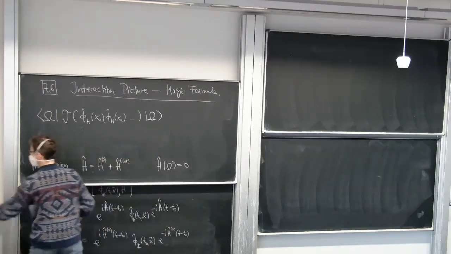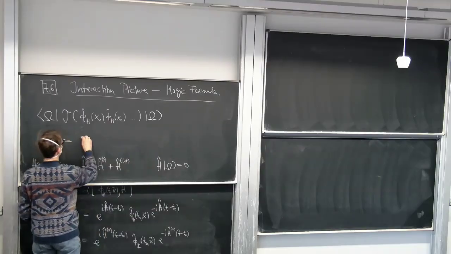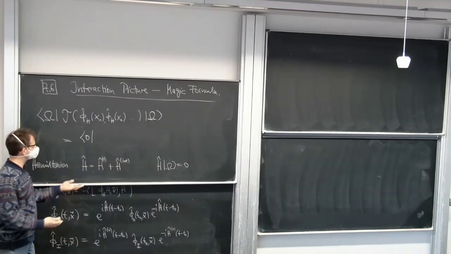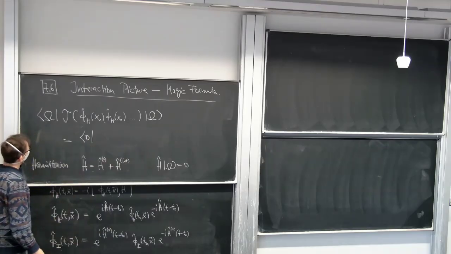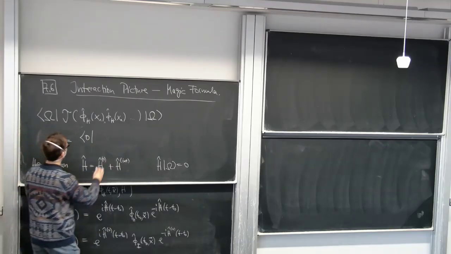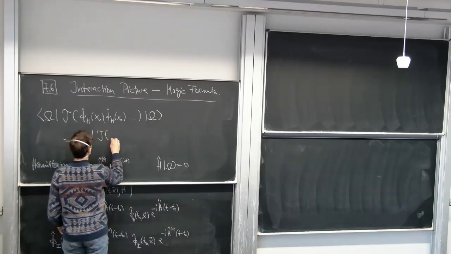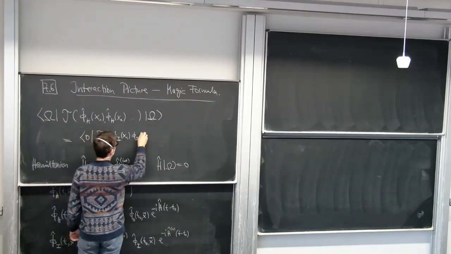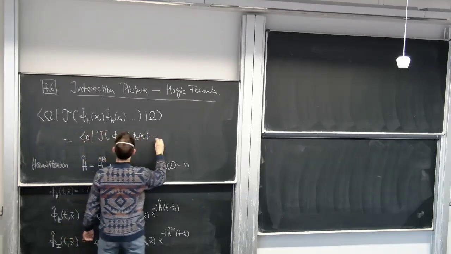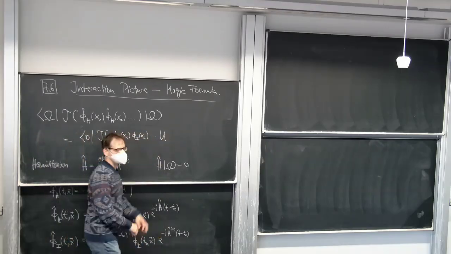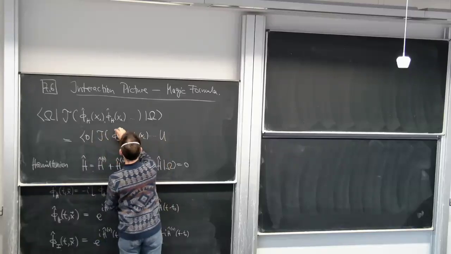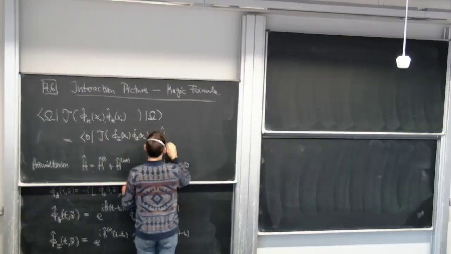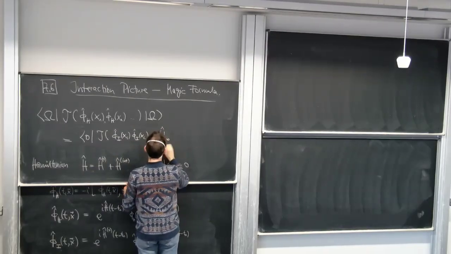It is equal to, that simple mathematically: the very simple vacuum, and then the same time ordering of the I fields x1, x2, and then a funny big U. Let's call this U infinity.